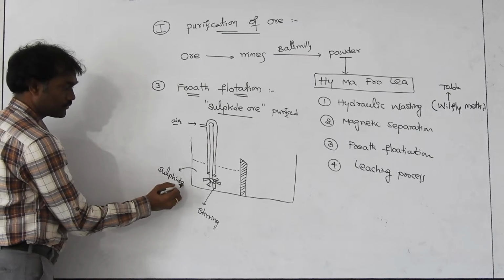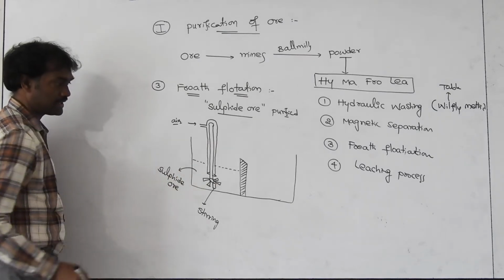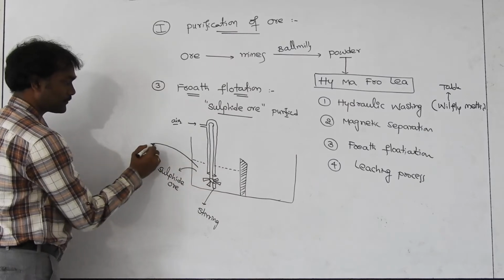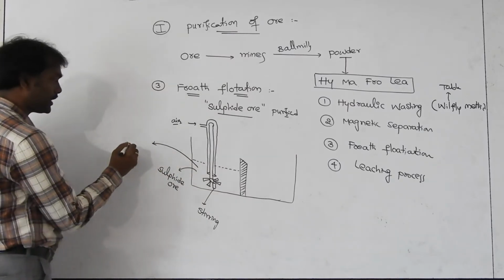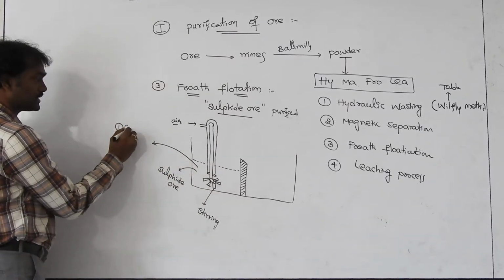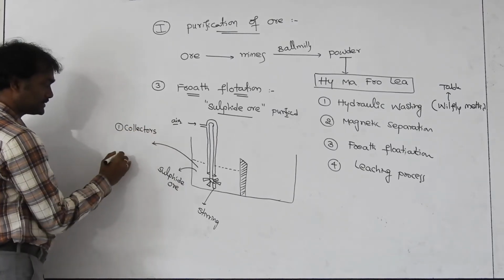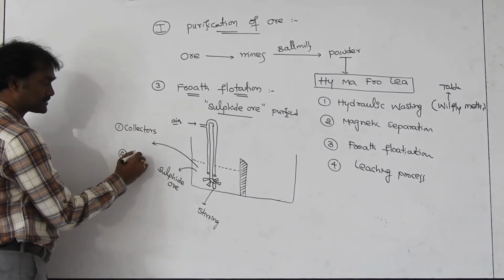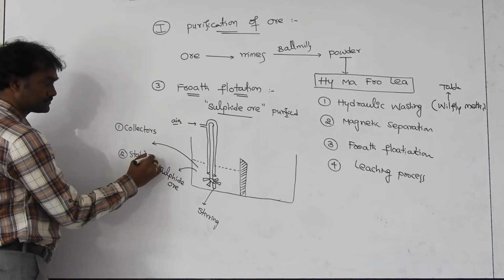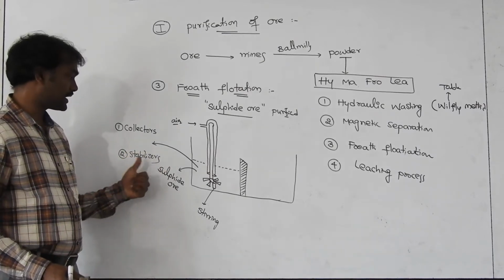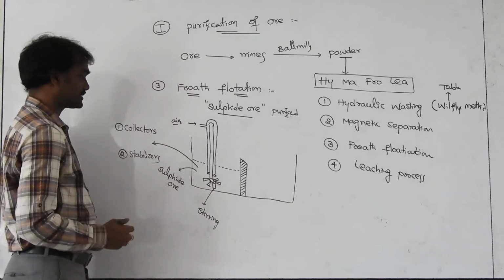The sulfide ore is taken in this chamber and mixed with two important things: one is collectors, the second is stabilizers. These are important for your entrance exam. What are the collectors?